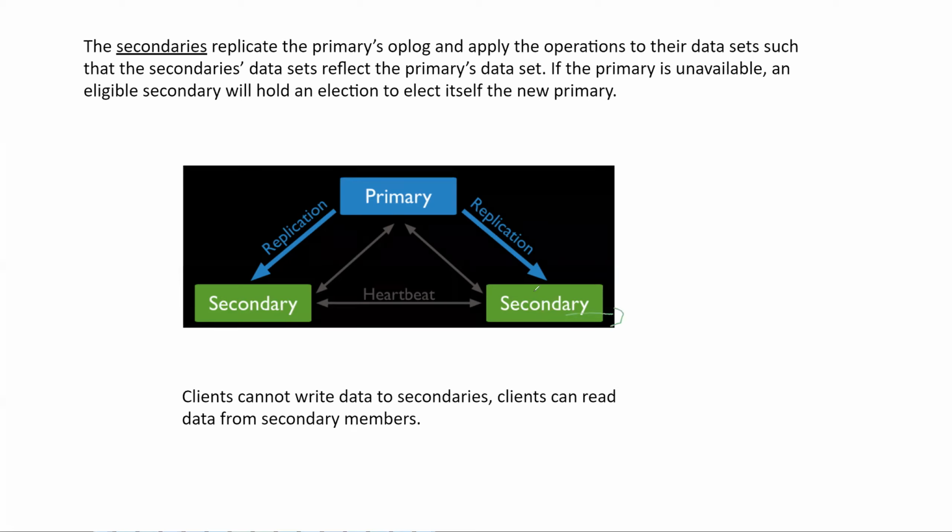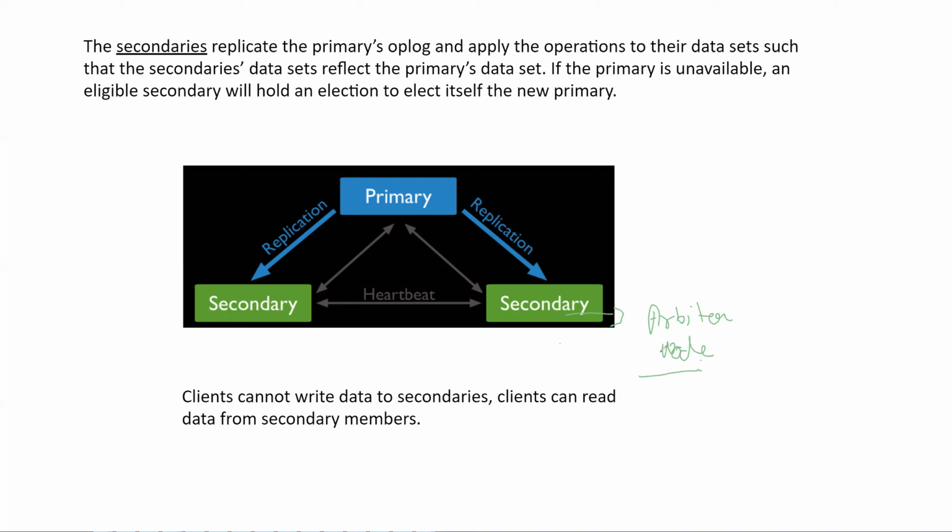Instead of a secondary, because a secondary will hold data as well, here we can have the arbiter node, which would just be there for election purposes. That's why we require three nodes. It is there only to elect another primary. It will not hold any data.